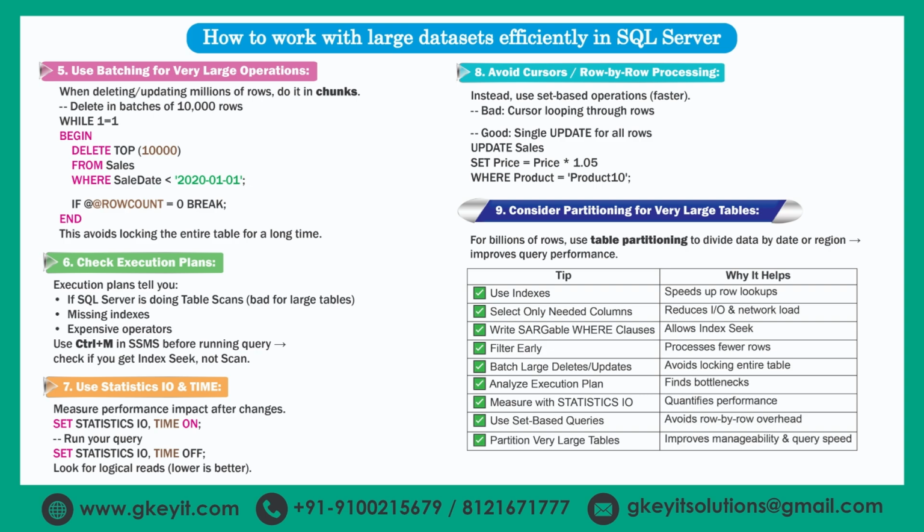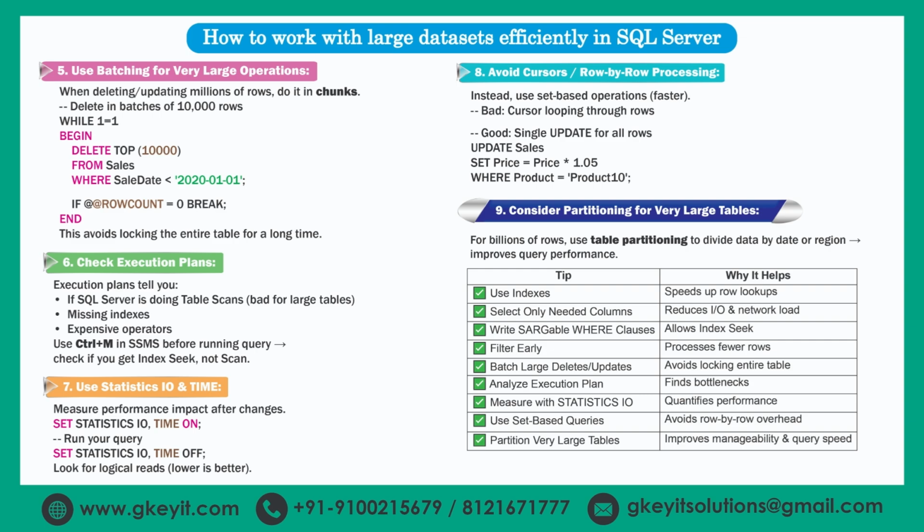If @@ROWCOUNT is equal to 0, break. That means when @@ROWCOUNT is 0, we break, and we end the begin and end of the while loop. This avoids locking the entire table for a long time. In this way, we can avoid locking the table for the entire time. It will do the deleting in chunks, that is, 10,000 rows per batch.